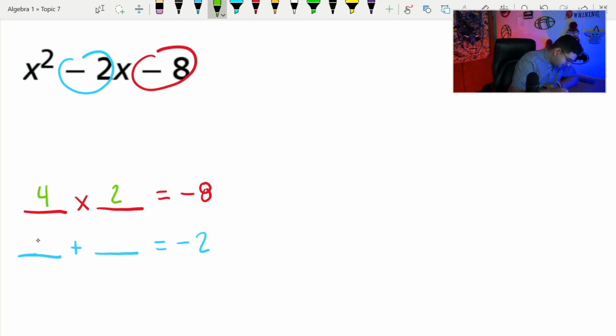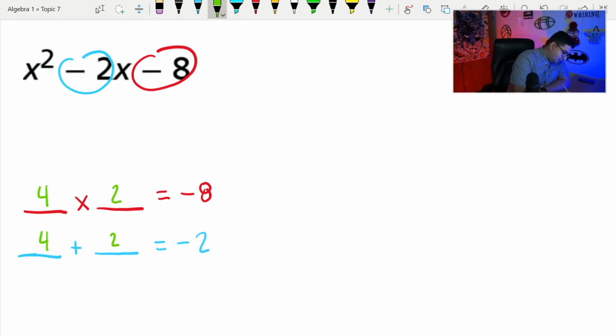But now we have the same dilemma as the last question: which one am I supposed to make negative? Again, we look at the sum for that. I need one of them to be negative and one of them to be positive, because we need to get a negative 8 when we multiply. So only one of them is allowed to be negative. But 4 plus 2, how can I use 4 and 2 and get a negative 2 when I add them?